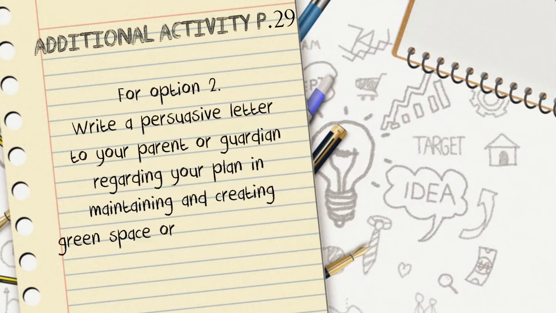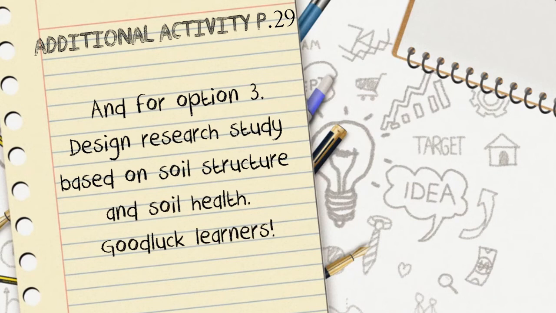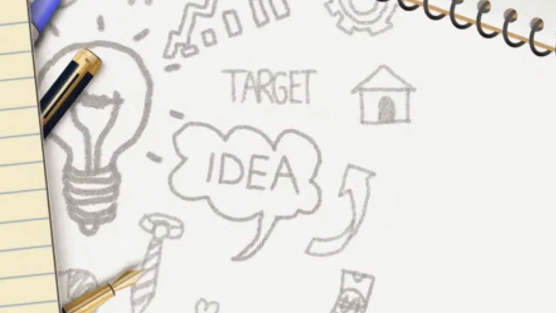For option 2, write a persuasive letter to your parent or guardian regarding your plan in maintaining and creating green space or household gardening. And for option 3, design a research study based on soil structure and soil health. Good luck, learners.